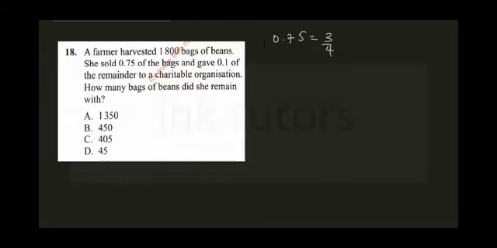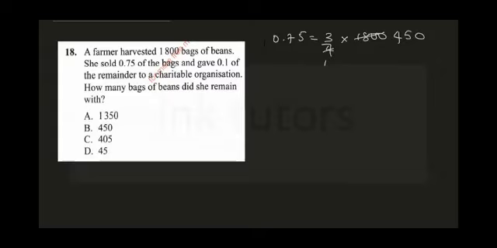So, if she sold 3 over 4 of the bags, that's 3 over 4 times 1,800. So, this is 4 here, 1. 4 into 18, we're going to have 4 carry to 4 into 20. We're going to have 5 and 0.